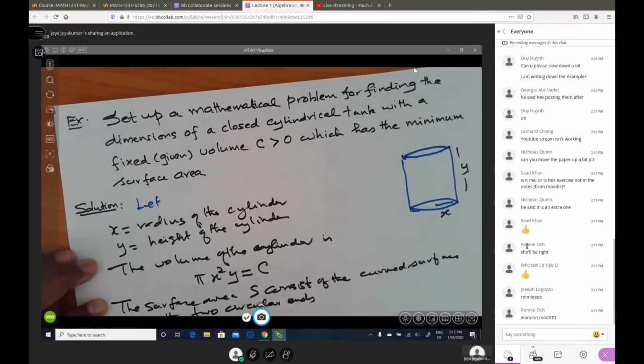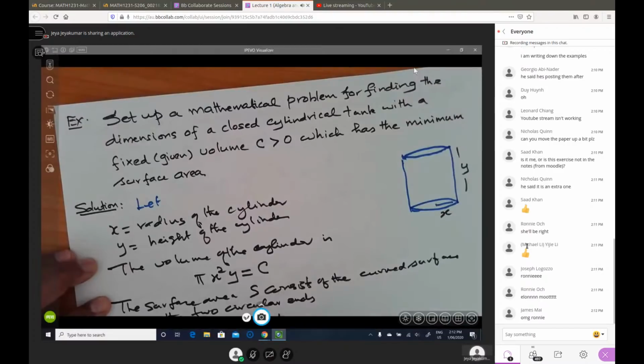So we describe that in terms of the variables x and y. The curved surface area is 2 pi x y, and the top and bottom are pi x squared each, so 2 times pi x squared.